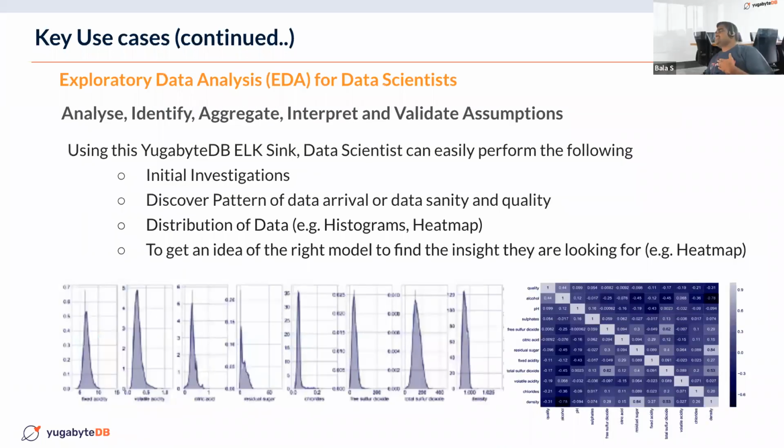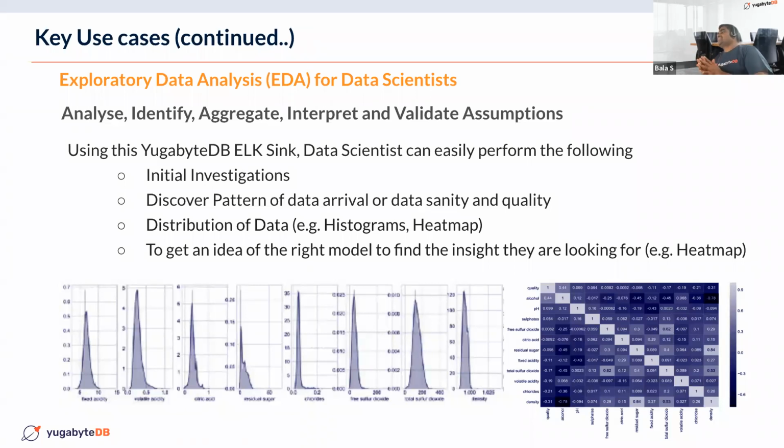Another interesting use case is where data scientists don't know how to query YugabyteDB today, like which table to go for, what table I have to query, can I use this column to get those values? They don't need to worry about all those things. As soon as you enable the Elasticsearch sync with YugabyteDB, it seamlessly gives that data back to your Elasticsearch.